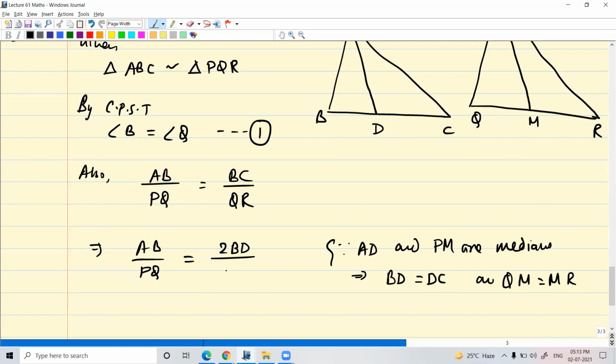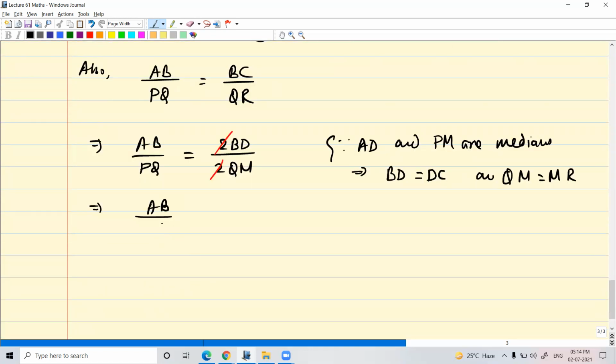And QR I can write as twice QM. So this 2 and 2 I can cancel, and I will get AB by PQ is equal to BD by QM.